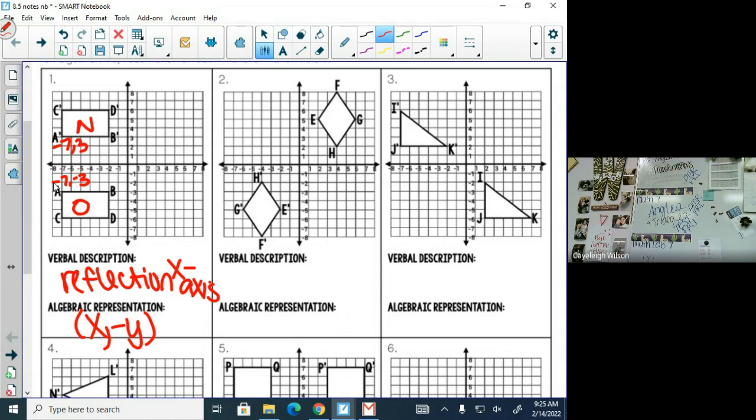Okay. All right, number 2. There are 2 different answers for number 2. Let's all take a minute. This is the original, and this is the new figure. You want to take a second and think, what happened to get from the original to the new figure?